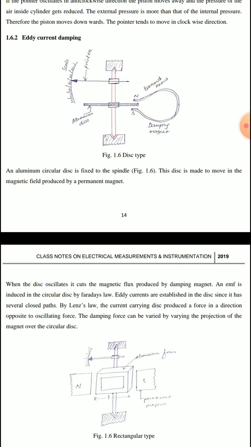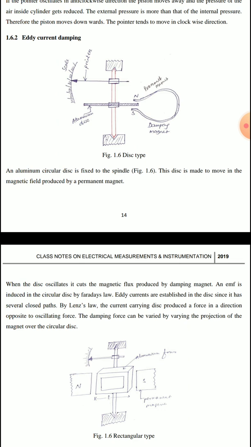Why eddy current? When there is a closed path and when there is a potential difference, current starts flowing through that closed path. Here the closed path is the aluminum disc, which is placed in the permanent magnet, and it produces its own EMF as it is moving in between the magnet.